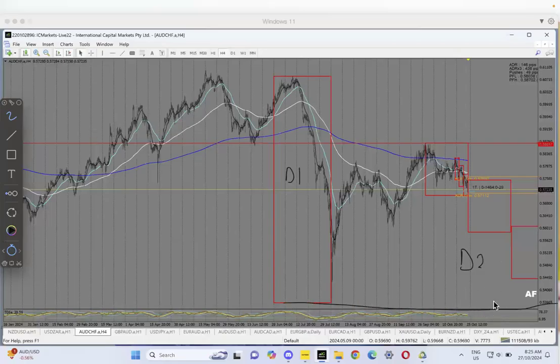If it matches that low, we would like to see a reset and a continuation. Then we can call that D2. This remains D1. So this will only become D2 if it breaks this low. If it breaks that low, that's only when it will become D2.